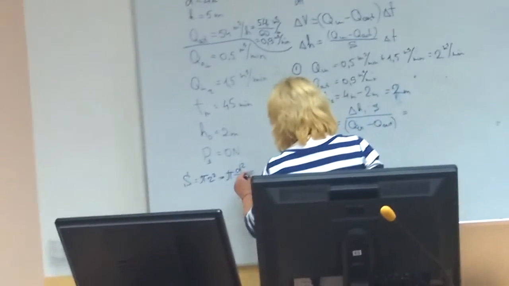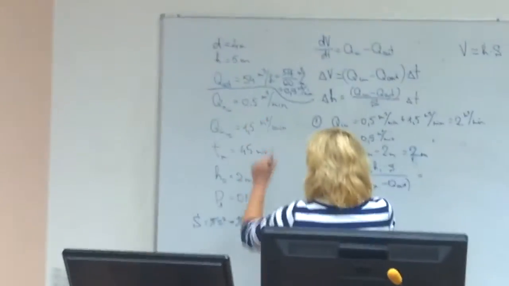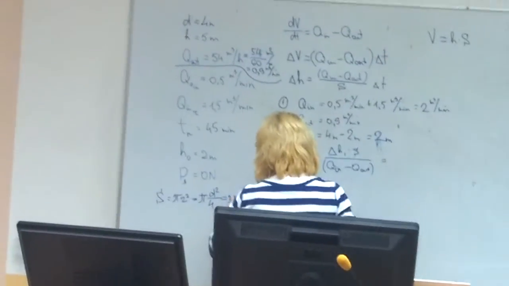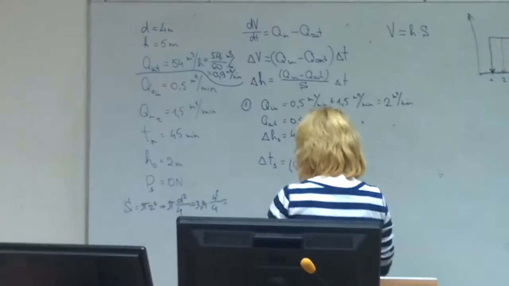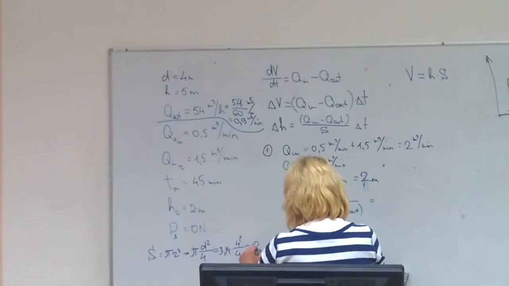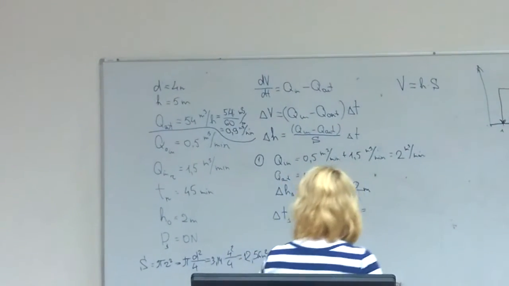So our diameter is 4 meters, divided by 4. So in that case, the area of our tank will be equal to 12.56 square meters.